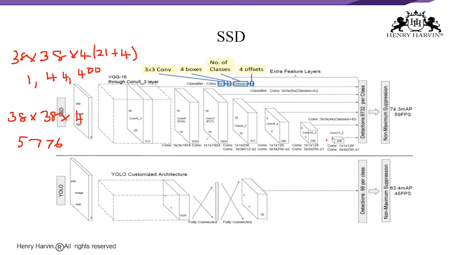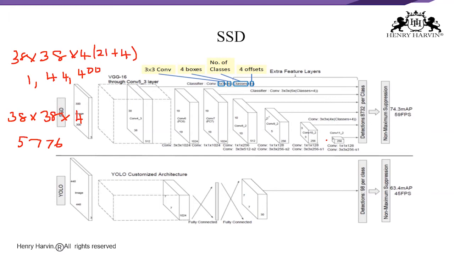Similarly, for other convolution layers, there is another convolution where 19 into 19 into 6 is equal to 2,166 boxes, and then 10 into 10 into 6 gives around 600 boxes, with 6 boxes for each location. In the next convolution, conv9_2, 5 into 5 into 6 is equal to 150 boxes.